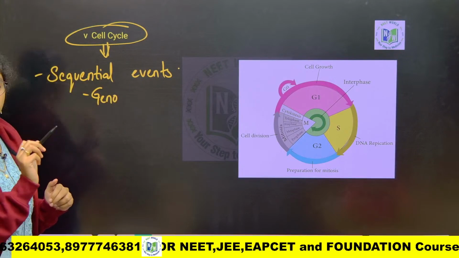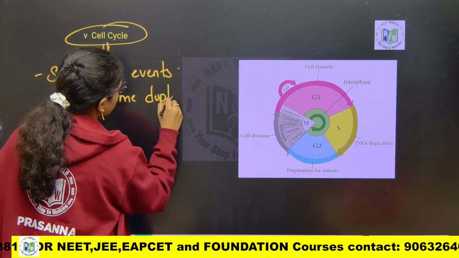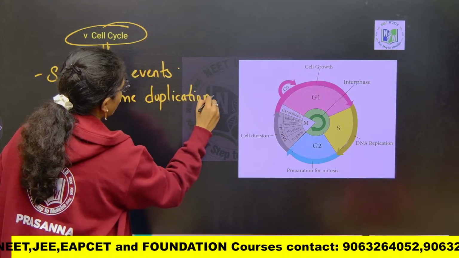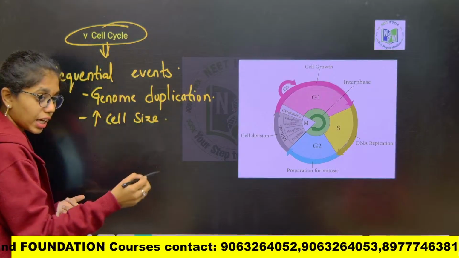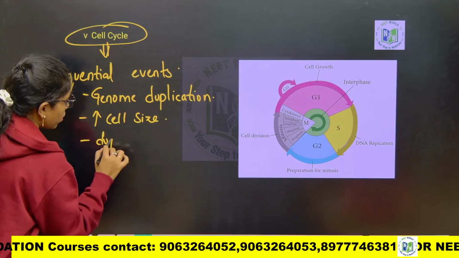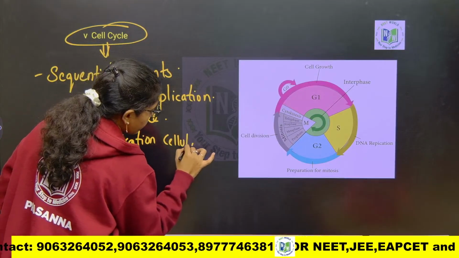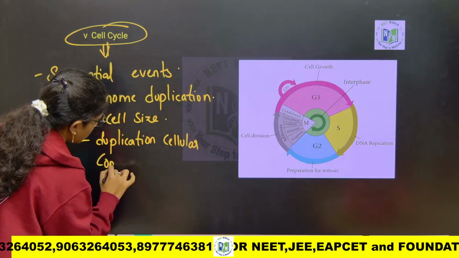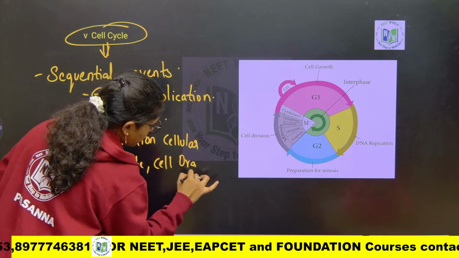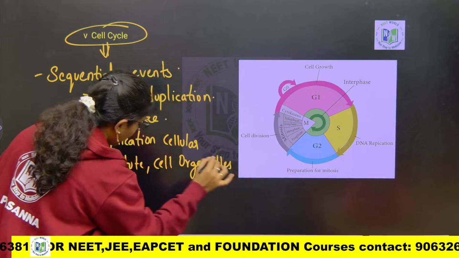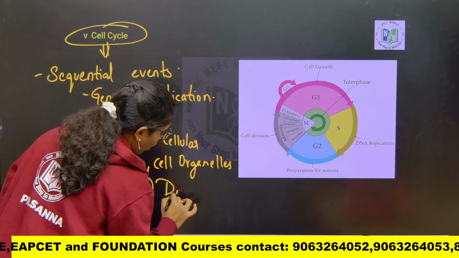Duplication or replication is one and the same, remember. It includes genome duplication, increase in cell size, replication or duplication of cellular constituents and cell organelles, and at the end, division or formation of two daughter cells.